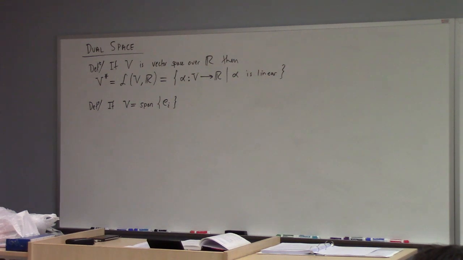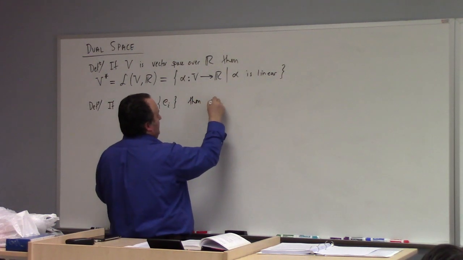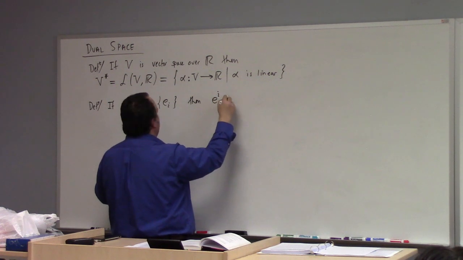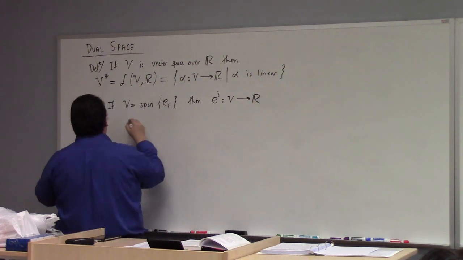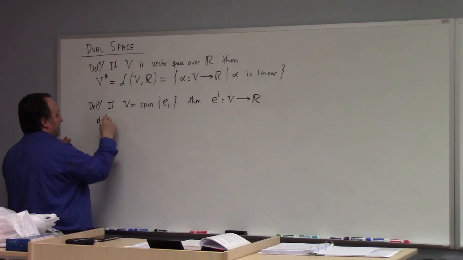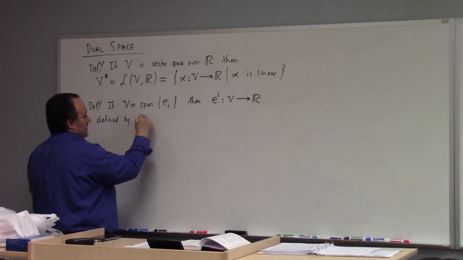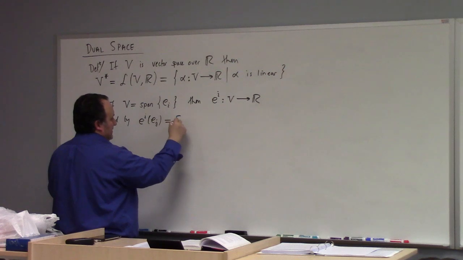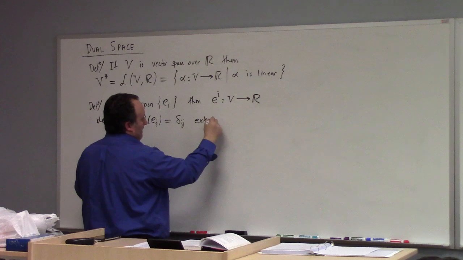Okay, so if V is the span of E sub i, then E upper i is a mapping from V to R defined by E upper i of E lower j is equal to Kronecker delta ij, extended linearly.